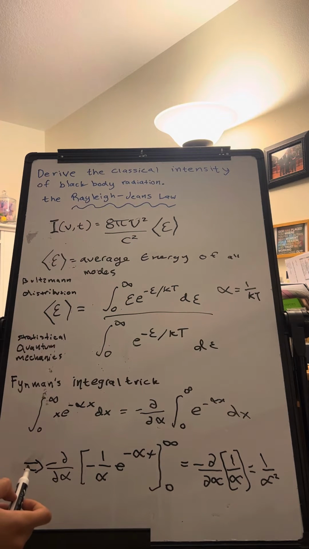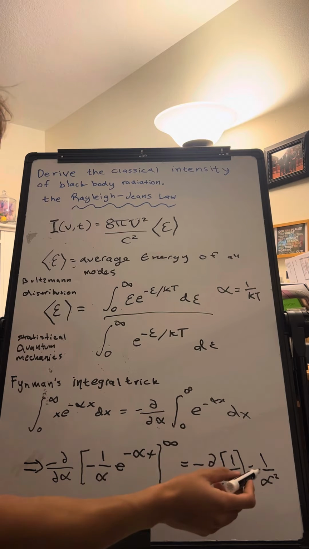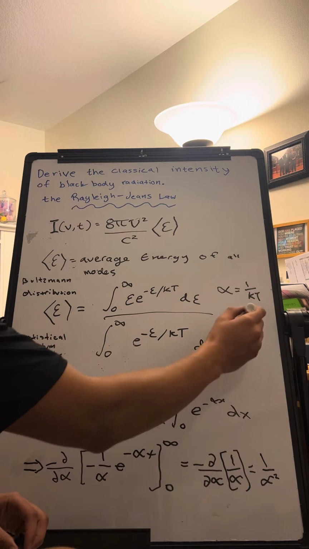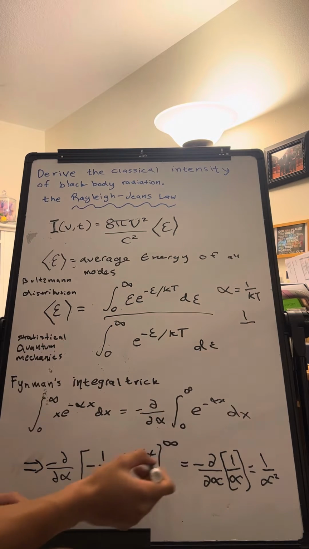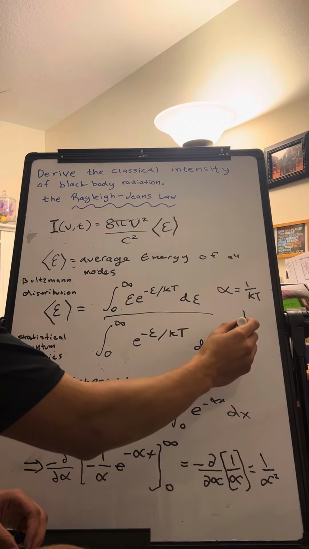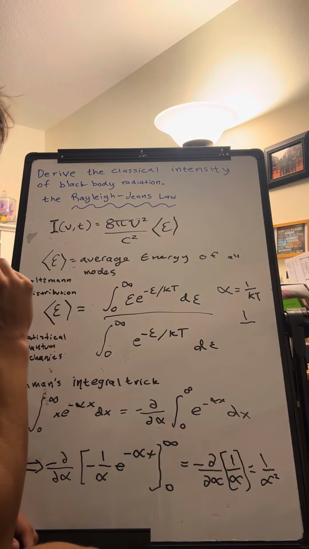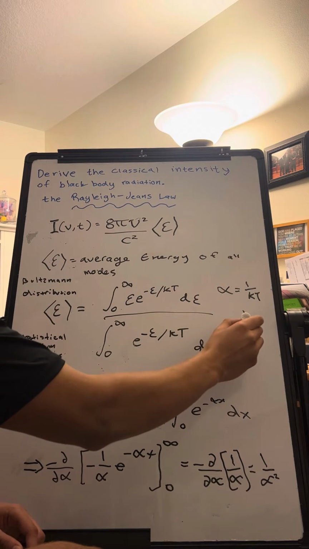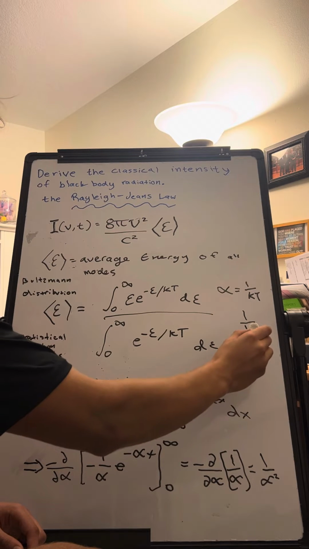So using Feynman's integral trick, the top portion of this should be 1 over (1 over kT) squared.